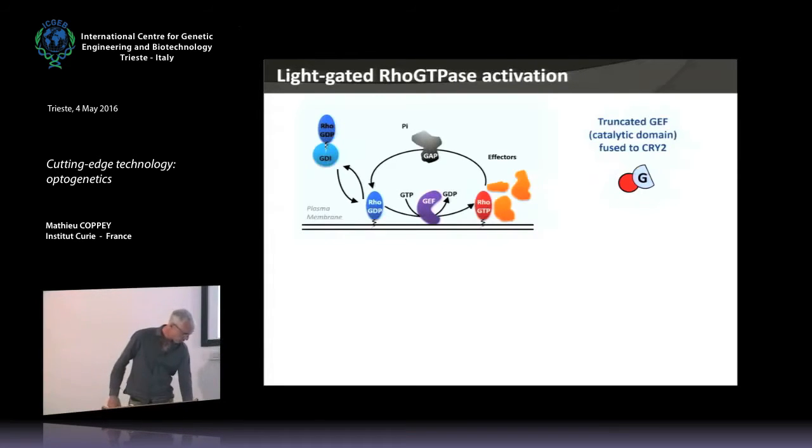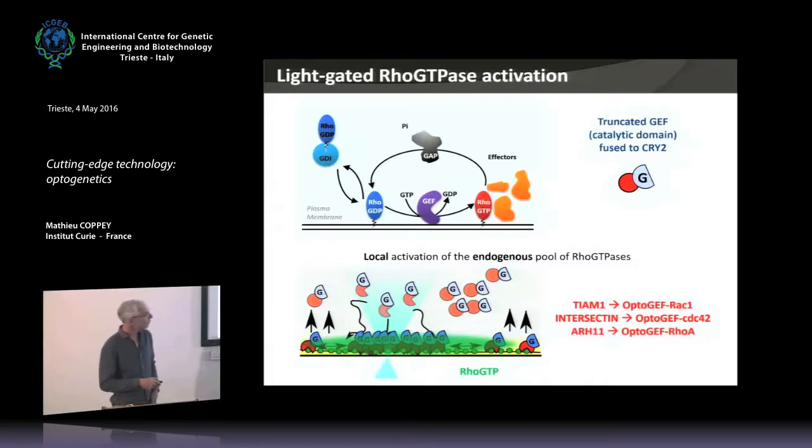So you can do that for all the canonical RhoGTPases: RAC1, which I discussed, CDC42, which is mainly involved in filopodia formation, and RhoA, which is used for cell contractility, and also during cell division for the separation of the two daughter cells.